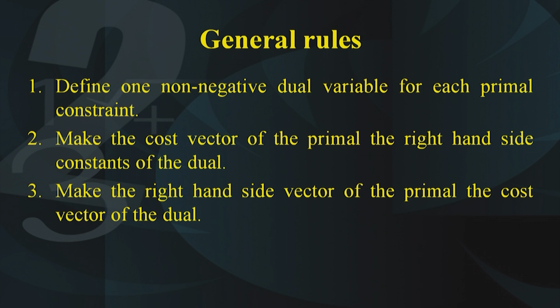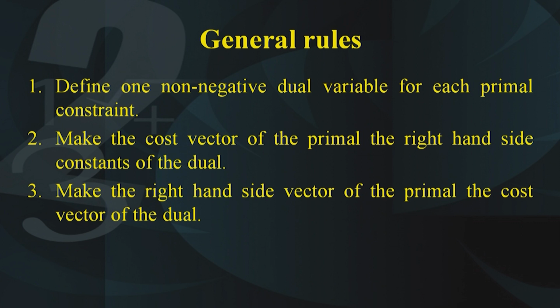We need to define one non-negative variable which is a dual variable corresponding to the primal constraint. The second rule is that make the cost vector of the primal the right hand side constants of the dual.